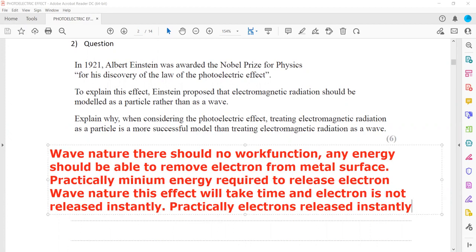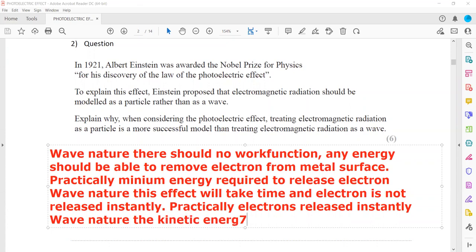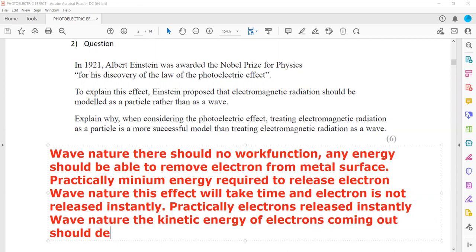And according to wave nature, the kinetic energy of electrons coming out should depend on intensity. So if light has a wave nature and we change the intensity of the light, the kinetic energy of the electron should change.